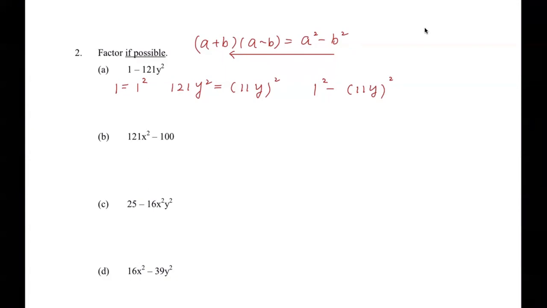So according to this formula, this expression can be written as (1 + 11y) times (1 − 11y). So what we really did in this question is we started from this form, A squared minus B squared, and we used our knowledge to factor this expression to this expression.